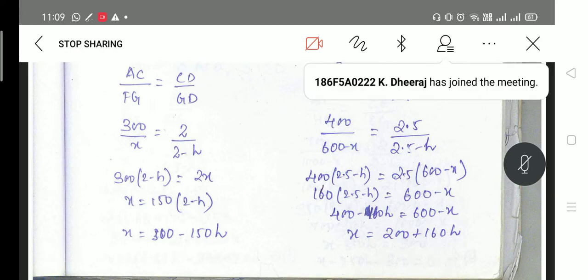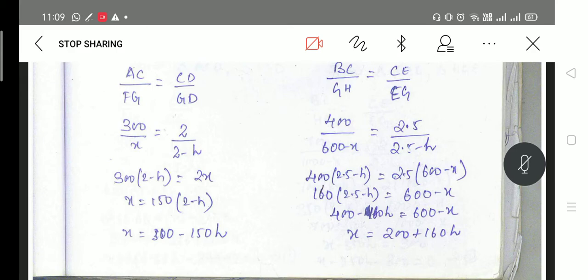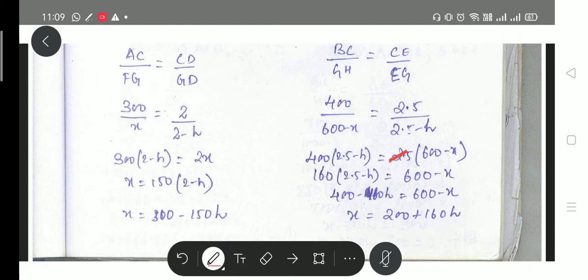400 into 2.5 minus h is equal to 2.5 into 600 minus x. Okay, from this we can multiply this one, then we will get, cross multiplying this, 2.5 into 400, that is 160 into 2.5 minus h is equal to 600 minus x.